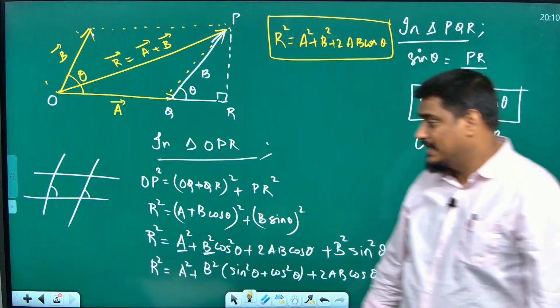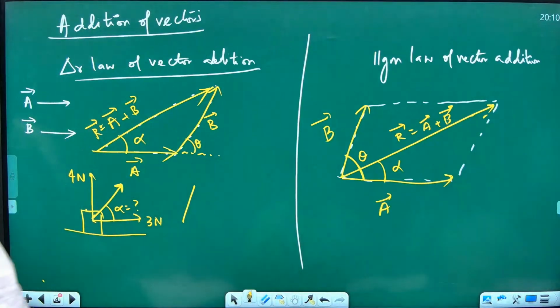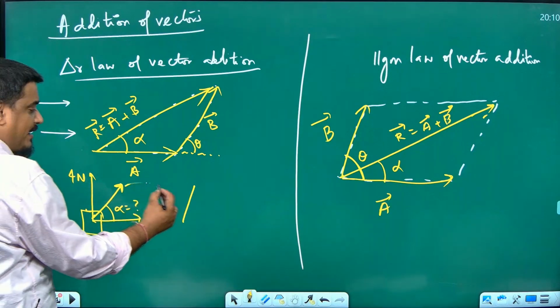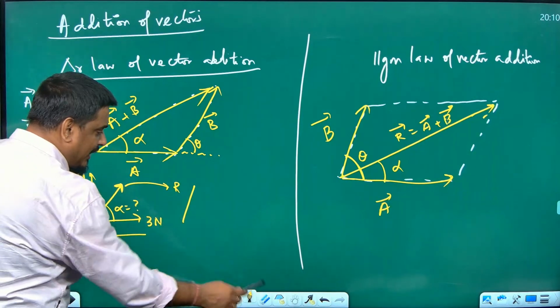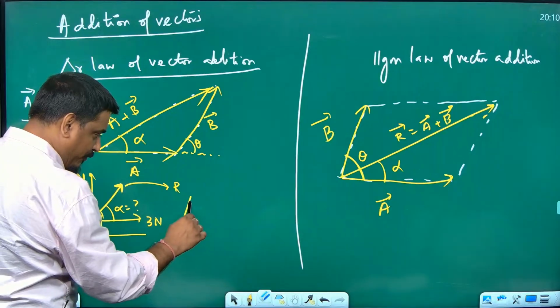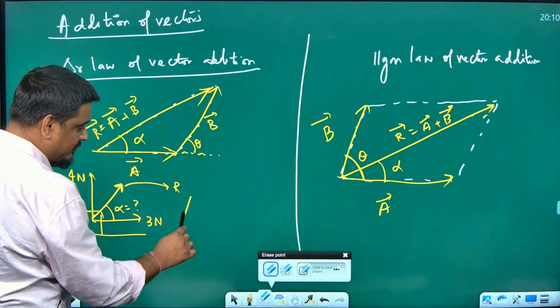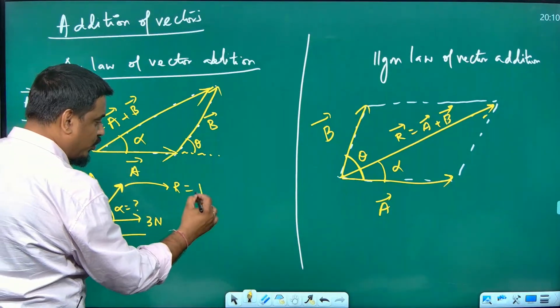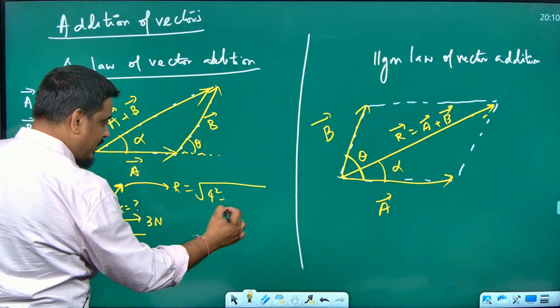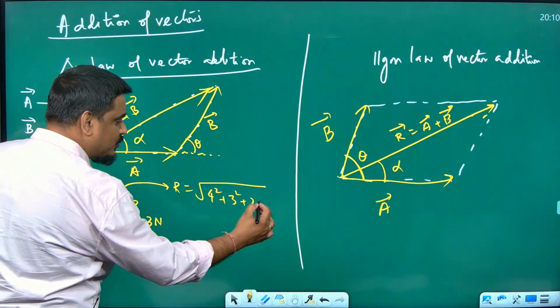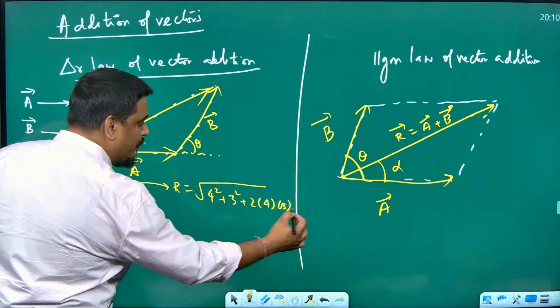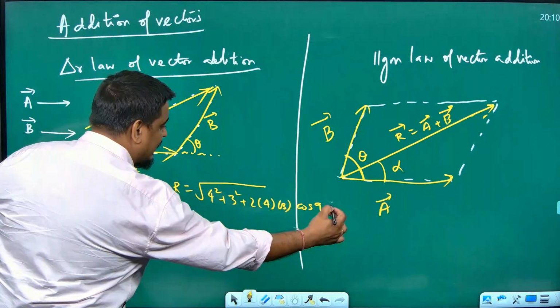It means, like in the previous scenario, if I had 3 Newton and 4 Newton acting here and you want to find the resultant force, then what will be the answer? 5. How did 5 come? Root over A square plus B square plus 2 into A into B into cos theta. Theta is how much here? 90 degree.